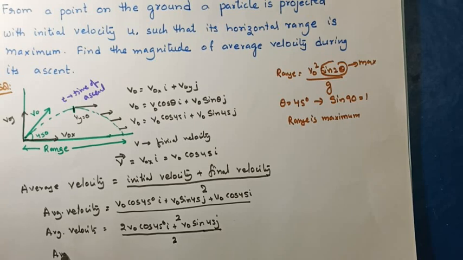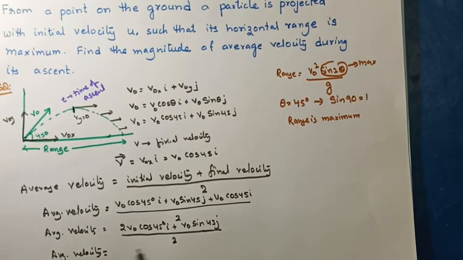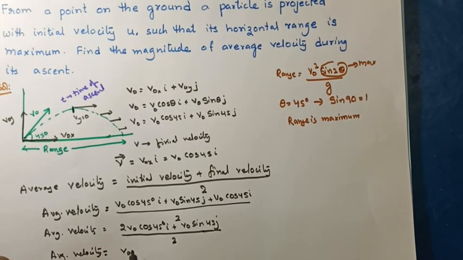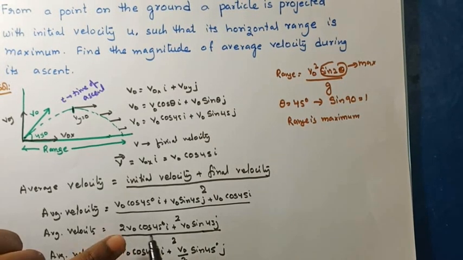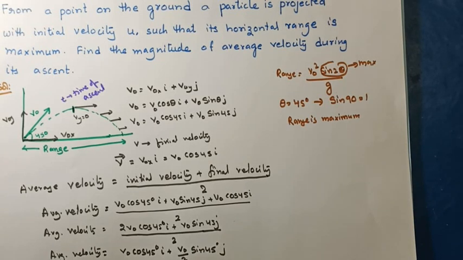So average velocity, just dividing it, you will get V naught cos 45 i plus V naught by 2 sin 45 j. I am dividing the denominator into each term, then this has become 1.